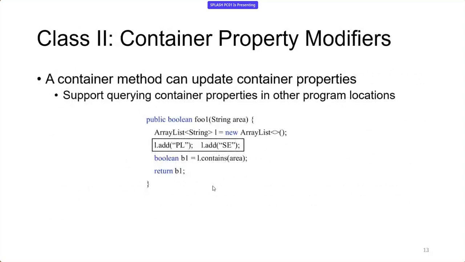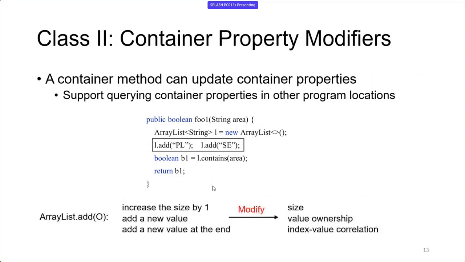Meanwhile, in order to query such container properties, they also need to update such properties at other program locations. For example, in this program, they actually need to modify the size, value ownership, and index value correlation of this array list object before the query of such value ownership.